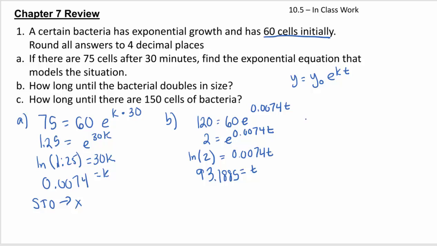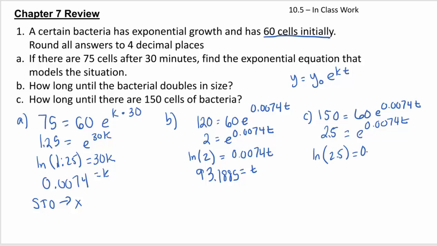And then part C is how long until there's 150 cells. And it's this same process. So I divide 150 divided by 60. ln of 2.5 is equal to 0.0074 t.